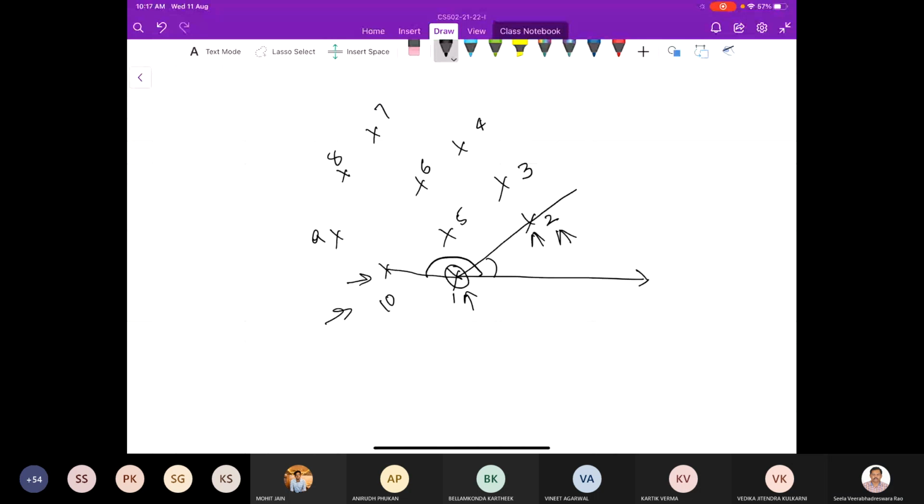So here, if more than one point has the same lowest x coordinate, maybe something like this, in that case, you can take the rightmost one.